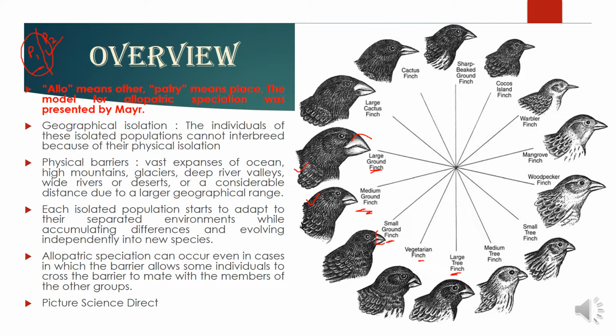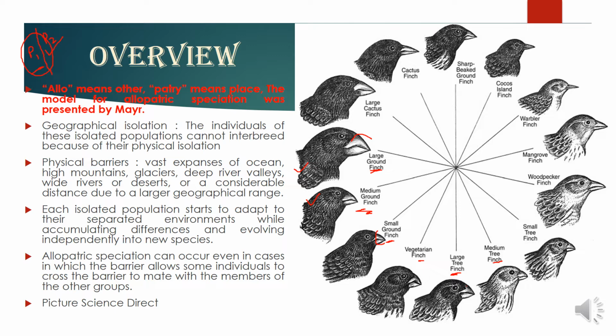But on the other hand, this medium tree finch is feeding on a wide range of both insects as well as vegetables and all.